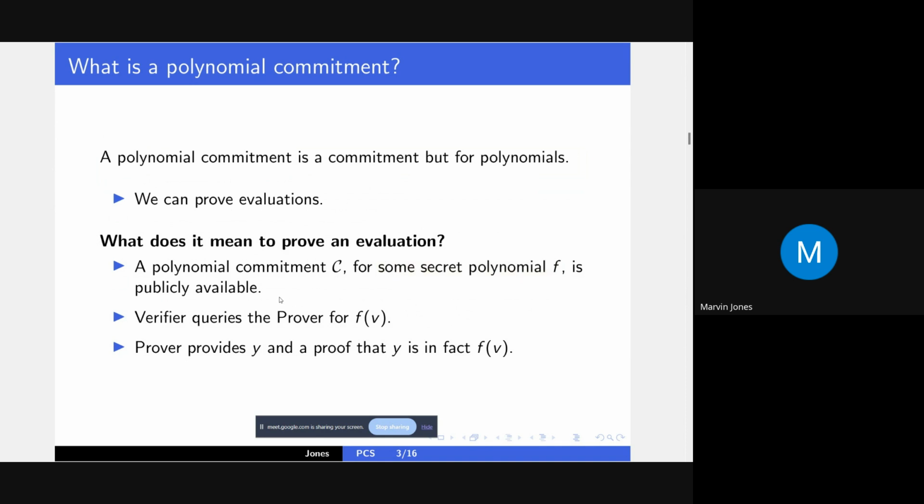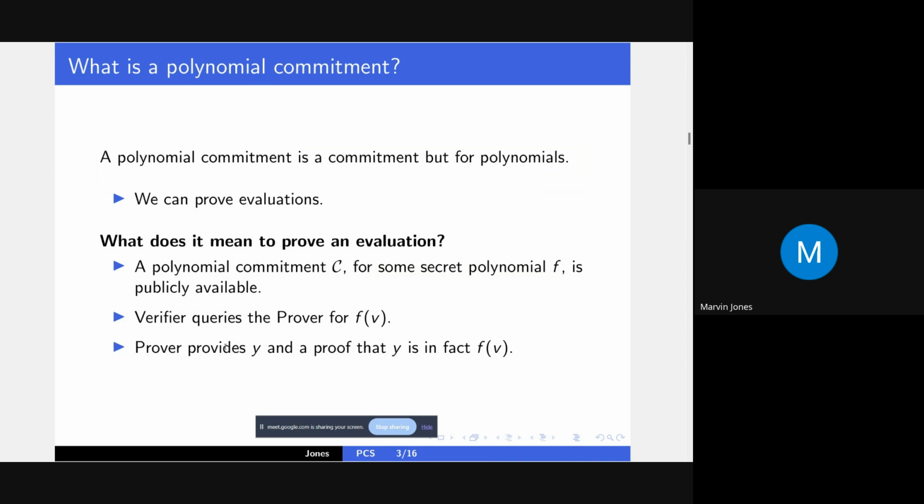All right, not the secret polynomial, just the polynomial commitment is published somewhere that the verifier sees it, whether it's sent directly or it's on the network or something. And the verifier is going to query the prover for an evaluation. So that polynomial should be evaluated at V, so f of V.